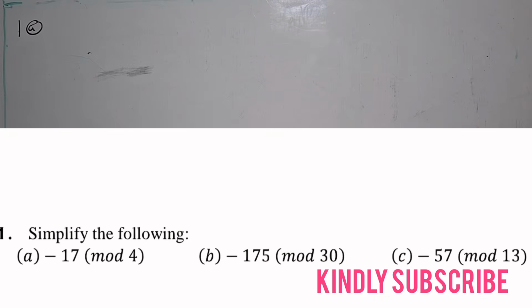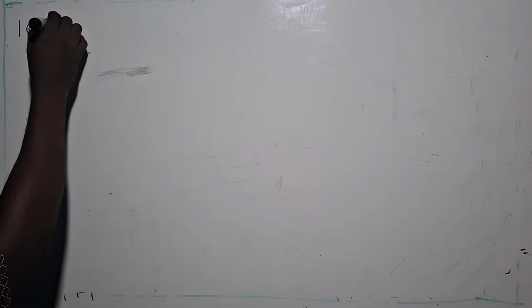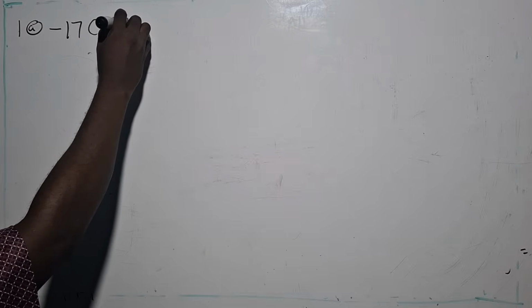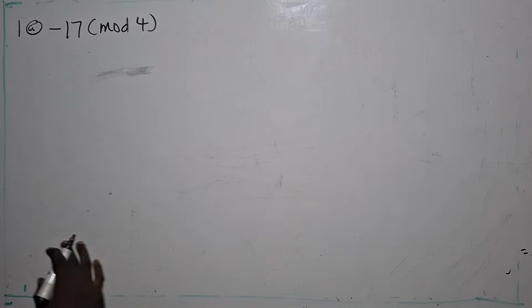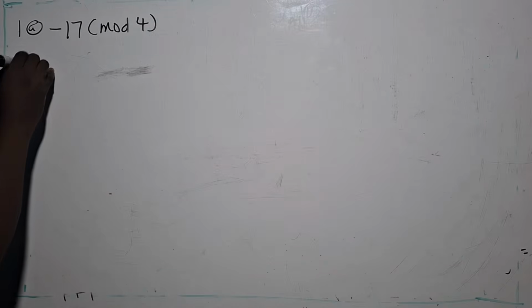The first question on the screen says we should simplify the following: A, negative 17 mod 4, B, negative 175 mod 30, and C, negative 57 mod 13. So with A, negative 17 mod 4, if it is negative, we add the mod repeatedly till we get a positive number.